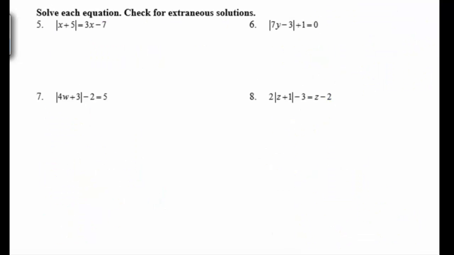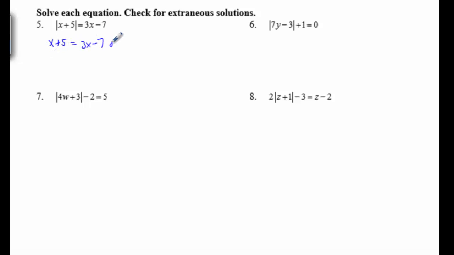Now we're going to solve each equation and check for extraneous solutions. So again, these are solutions that we get, but when we plug them in, they do not work. Notice the absolute value is all by itself. So I'm going to rewrite what we have: 3x minus 7.